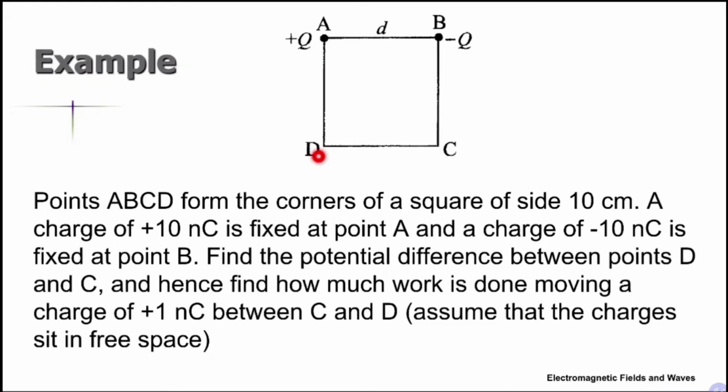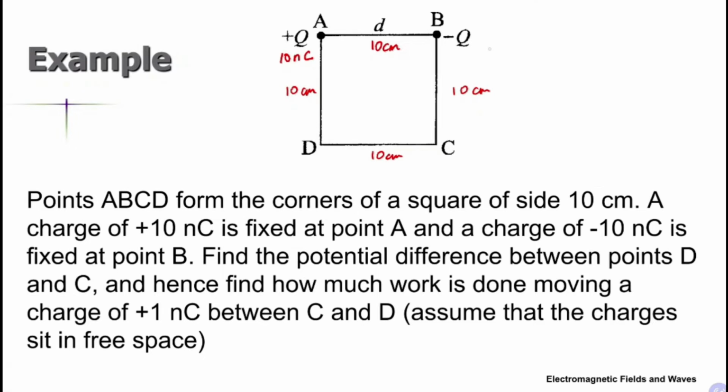And then we have another 2 points, D and C, also a distance d apart, and the distance d is 10 centimeters. Plus Q is 10 nanocoulombs, minus Q is minus 10 nanocoulombs.